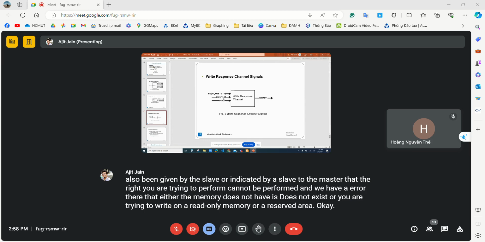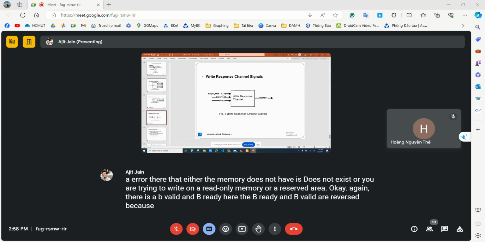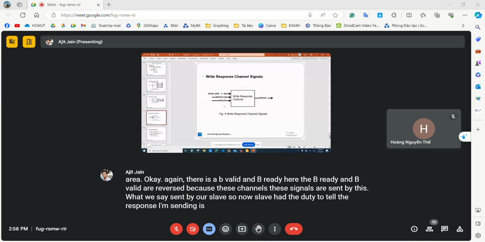Again, there is a B valid and B ready. Here, the B ready and B valid are reversed, because these signals are sent by the slave. So now the slave has the duty to tell whether the response I am sending is valid or not, and the master has to be ready to accept this response.